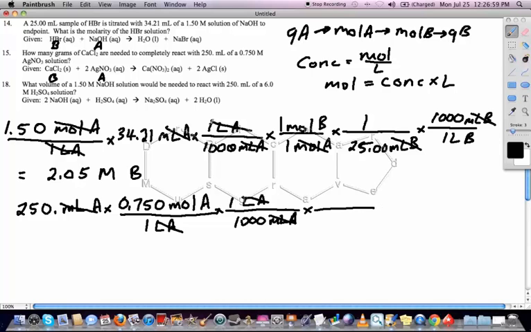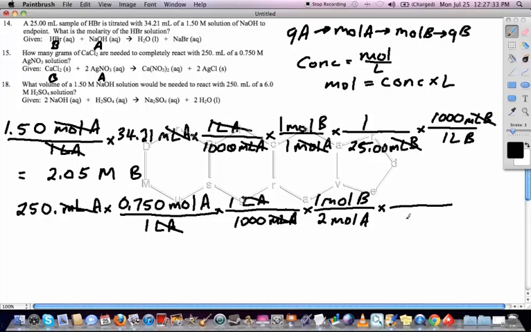Our next step is to get to moles of B. Now we know that 1 mole of B reacts with 2 moles of A. And then our next step is to figure out, from the moles of B, what we need to get grams of CaCl2.